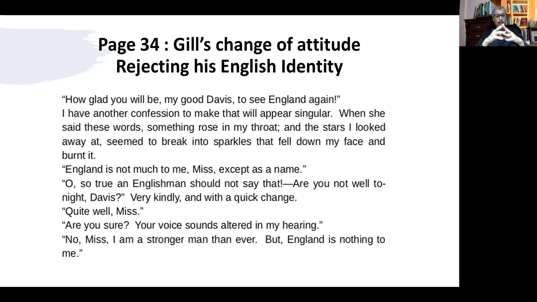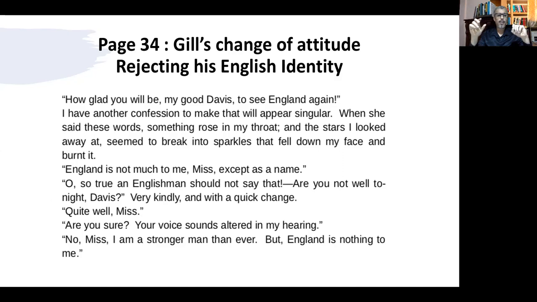Now here, she asks him the question: how glad you will be, my good Davis, to see England again? I have another confession to make, he's talking here. That will appear singular. When she said these words, something rose in my throat. He's being very sentimental here.